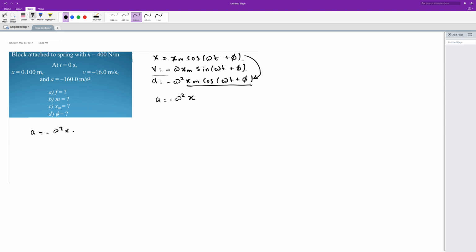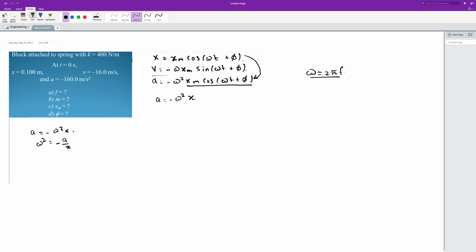We know that omega is equal to 2 pi f. This is the way we are going to find the frequency. So let's take the omega to one side and bring the others to the other side. If I do that, omega square is equal to a over x, and this is going to be minus, right?